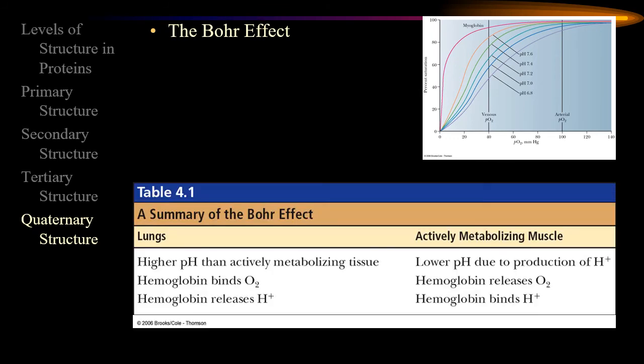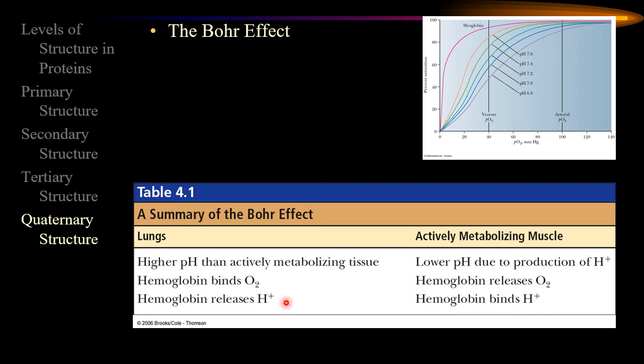Okay, so the summary of the Bohr effect. In the lungs, comparatively speaking, the pH is higher compared to actively metabolizing tissue. Therefore, hemoglobin binds to oxygen, and at the same time, hemoglobin releases the hydrogen ion in the lungs. And it also carries the carbon dioxide, which we exhale.